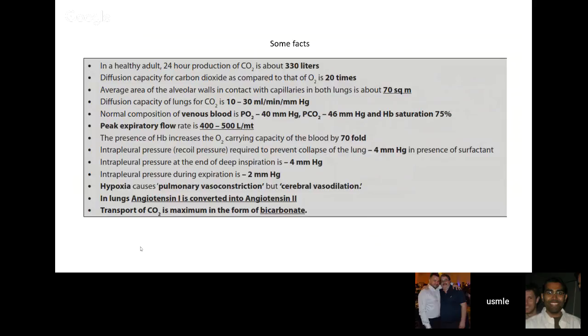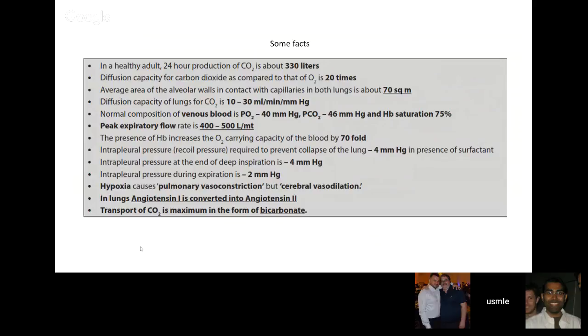So production is 330 liters per 24 hours. Obviously, this value can change depending on how fast you breathe and how high your metabolism is. But overall, the medium is going to be 330.